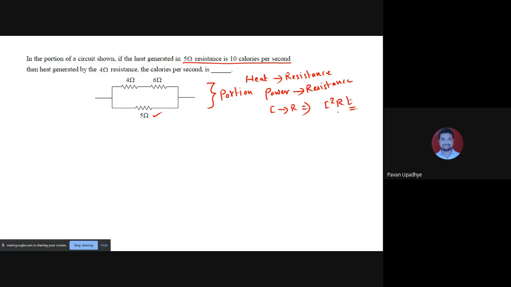And I square R is actually P. So these are numericals based on the power resistance relationship.